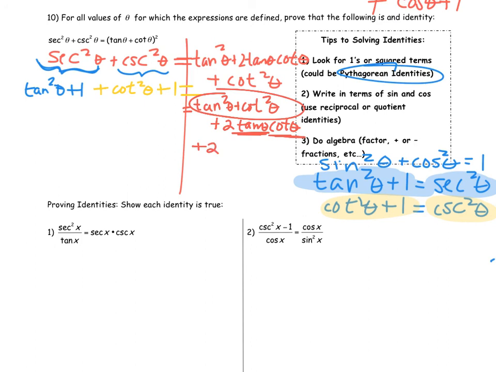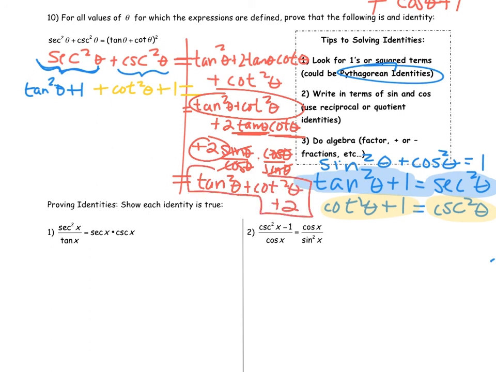So this is really plus 2 times sine of theta over cosine of theta times cosine of theta over sine theta. Everything here cancels. So really, I'm left with tangent squared theta plus cotangent squared theta plus 2. So that's what I have left on the right-hand side.